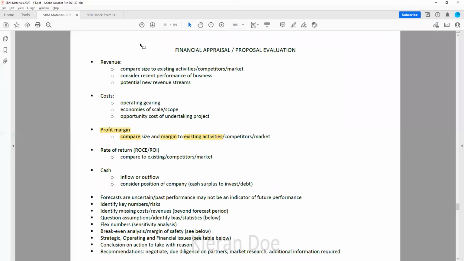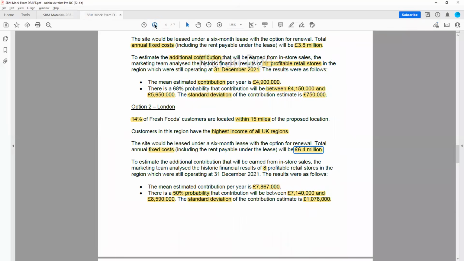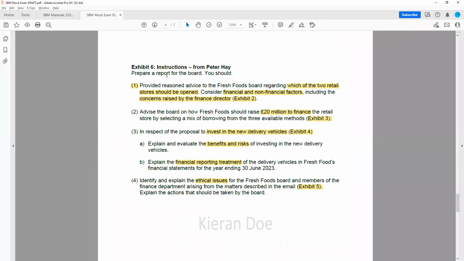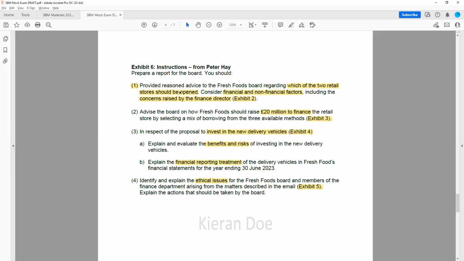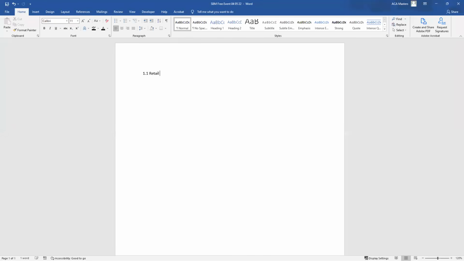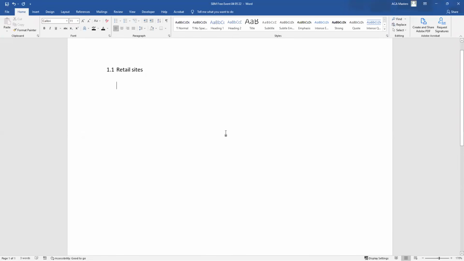So we'd give our answer a heading and just make sure we answer everything that the examiners have asked for. But this is of course part 1.1, and we're looking at here retail sites. But we could say, first of all, just give the headline numbers.